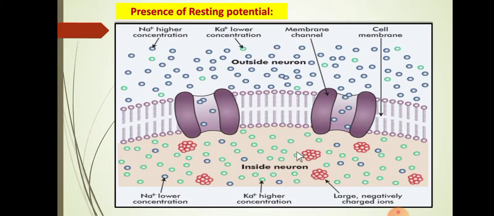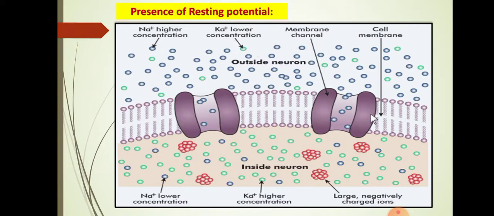So here we have the membrane of the neuron. Inside the neuron, we have K+ in higher concentration, and also we have Na+, but in lower concentration. Outside the neuron, we have Na+ in higher concentration, while K+ is in lower concentration.